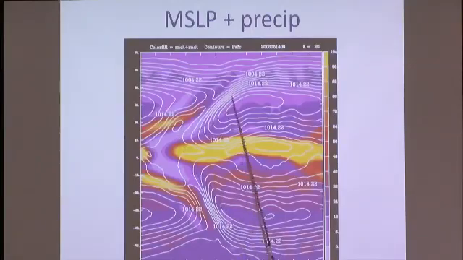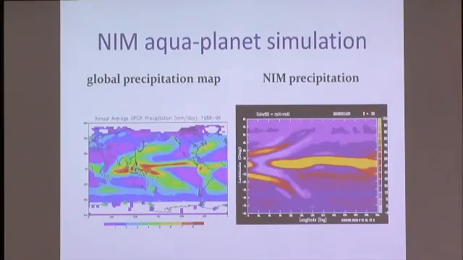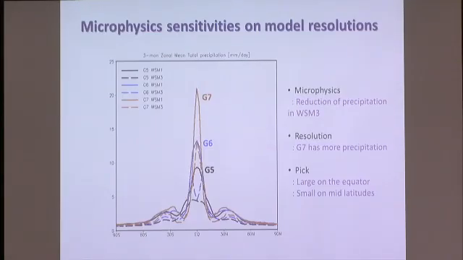The interesting thing is that even with this very simple aquaplanet simulation with topography, we found something with very similar resemblance to the global precipitation system. You can imagine if we have topography here and the warm SST here, we may get a very similar precipitation pattern. And this just shows you the multi-resolution with different physics.